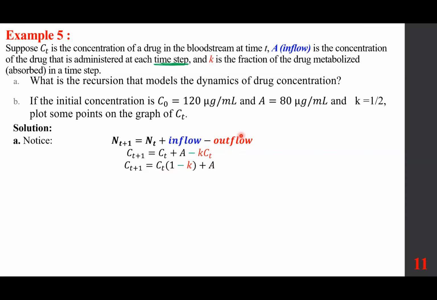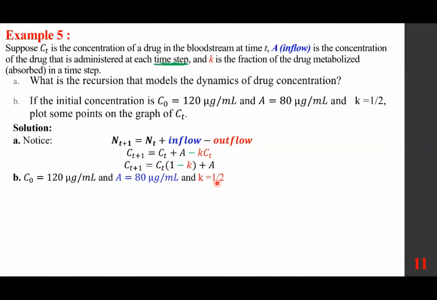And A is the amount that we are going to constantly add at every time step, which is again so many hours or so many days. It's a unit of time. And so in part B, let us write what is given. Part B says C sub 0, initially we have 120 micrograms per milliliter. And the amount of inflow is 80 micrograms per milliliter.